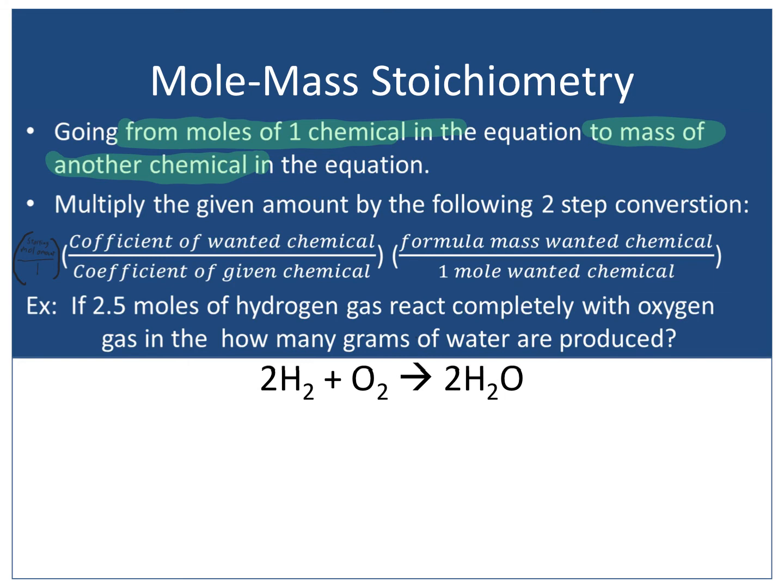Since I'm starting in moles this time, my very first part of the conversion is using that mole ratio, the coefficients of what I want and what I've got. All right, here they are right here.